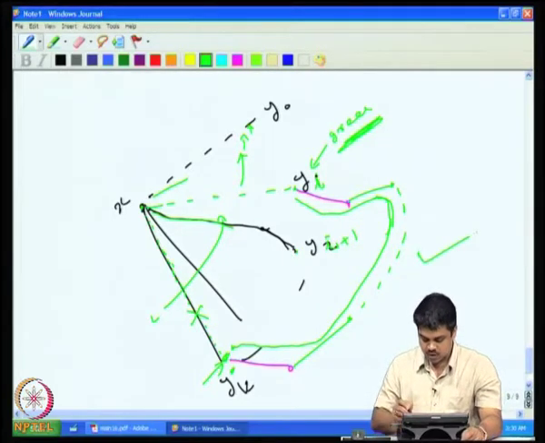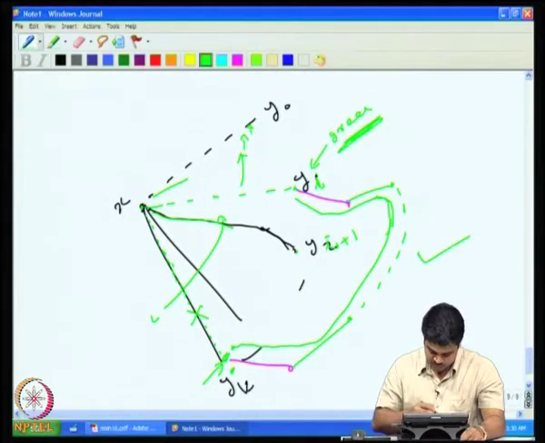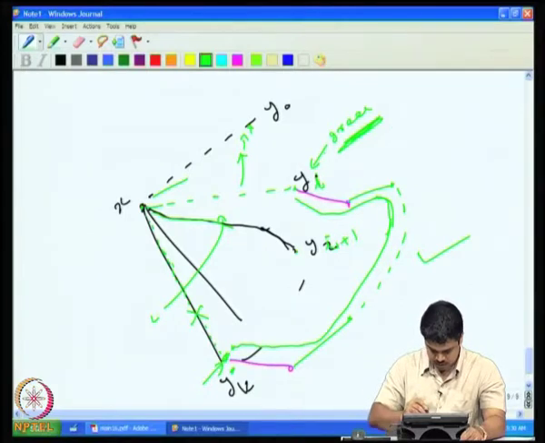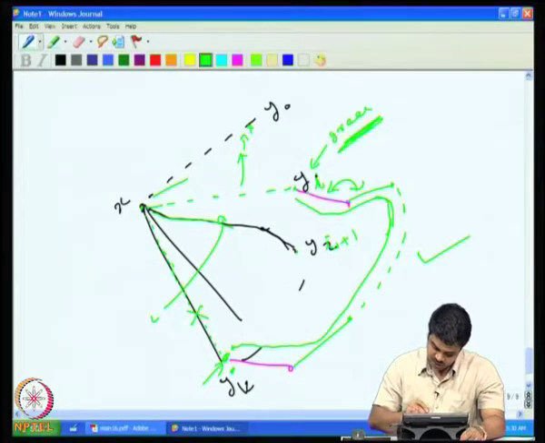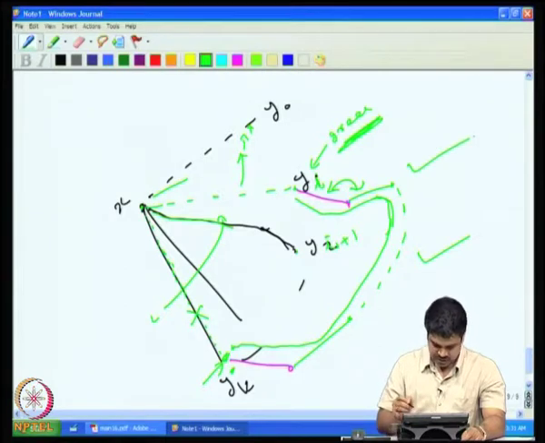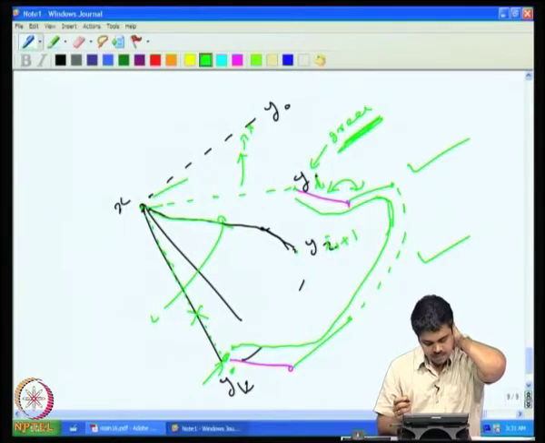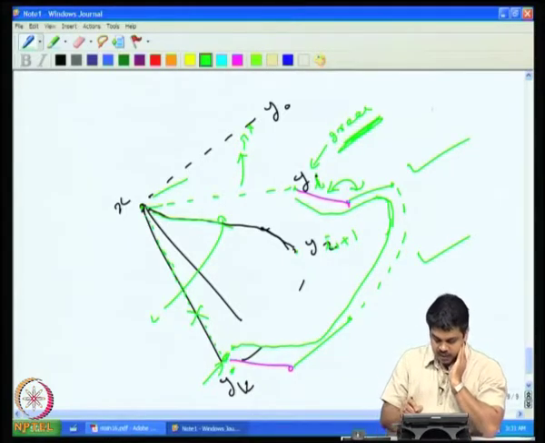So this is a contradiction, and therefore we swap colors here, violet and green, and then make violet available, since violet will be missing in y as well as x. So we can give violet to the xy edge. This is the proof. Therefore we see that this can be colored with delta plus 1 colors.